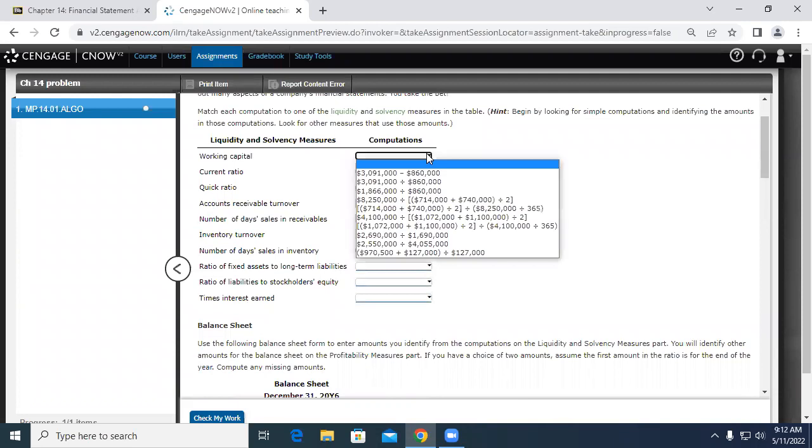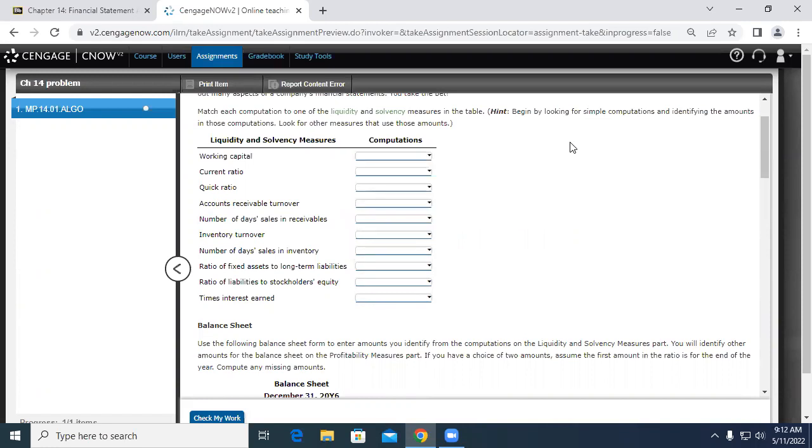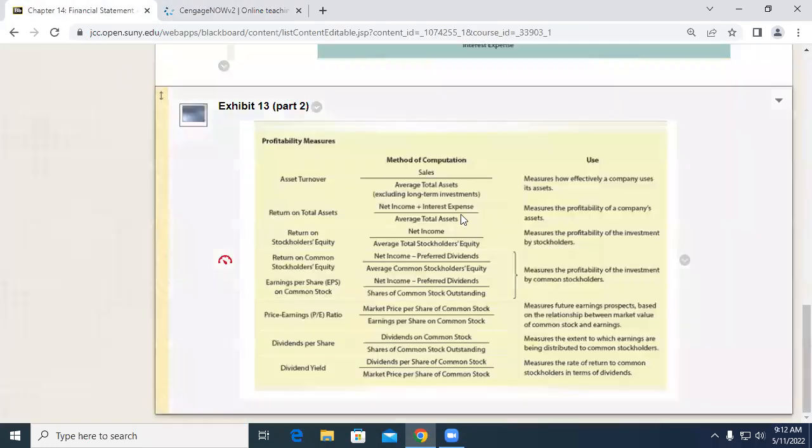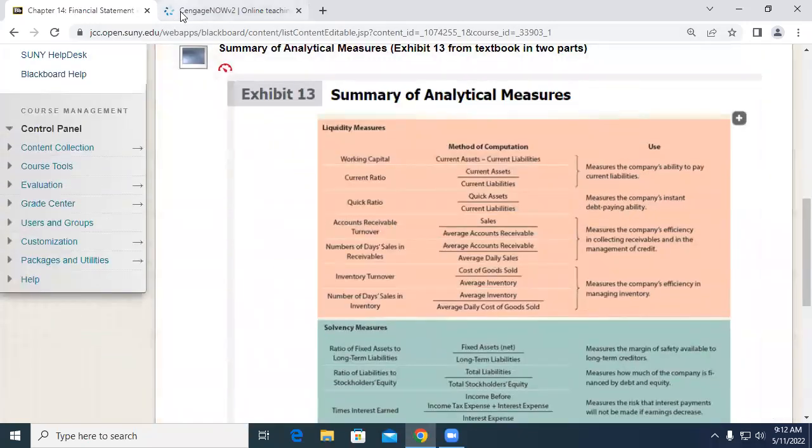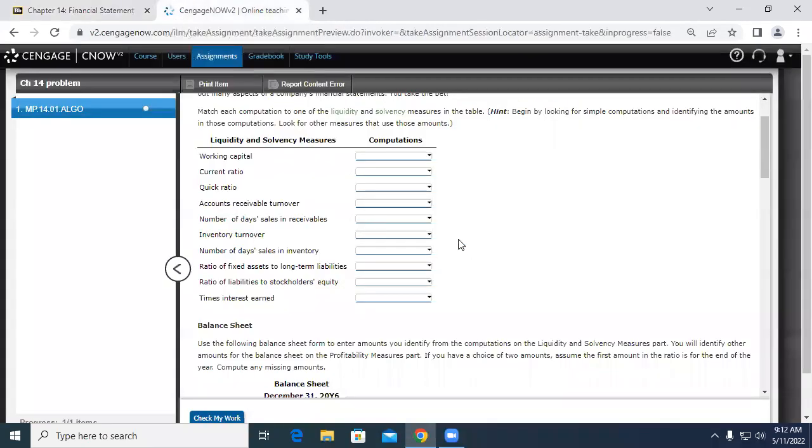So what you'll notice is for each one of the drop-down boxes, they have the same formulas. Each one of these formulas is going to go with one of the descriptions, so we're not going to reuse those same formulas. What I would recommend you do is keep in mind these calculations and see what we can figure out from that.